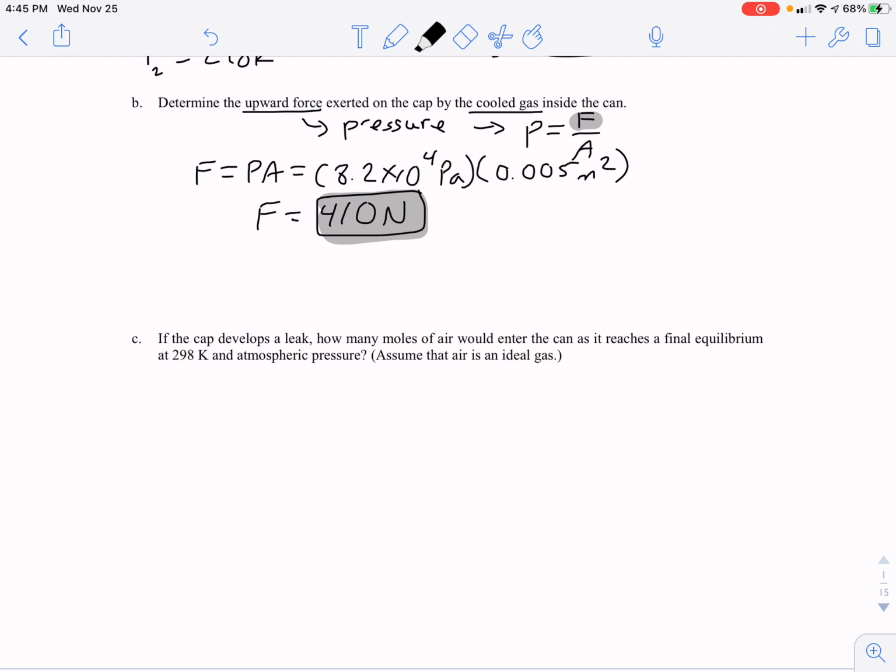So if air enters the can, it will build up the pressure to 1 atmosphere of pressure. In this particular problem, nothing is really changing except the number of moles of gas and the pressure of the gas. The temperature stays at 298, and the volume of the can does not change. So the volume of gas is not going to change either.